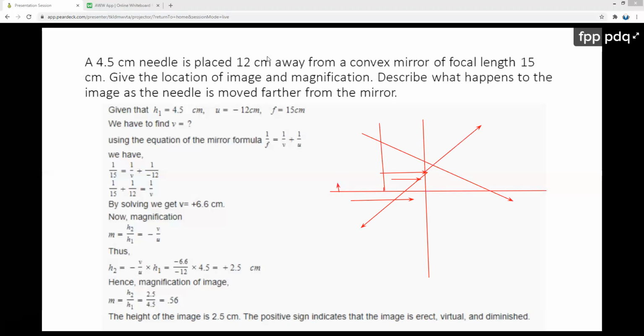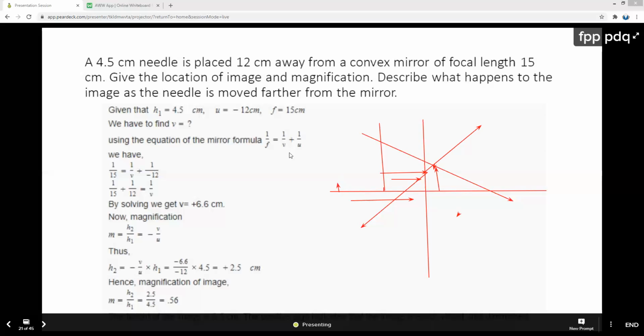So the image is formed between focus length and pole. Yeah, so the image is erect, diminished, and virtual.